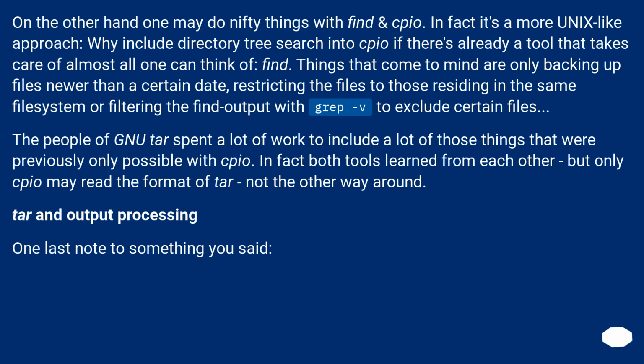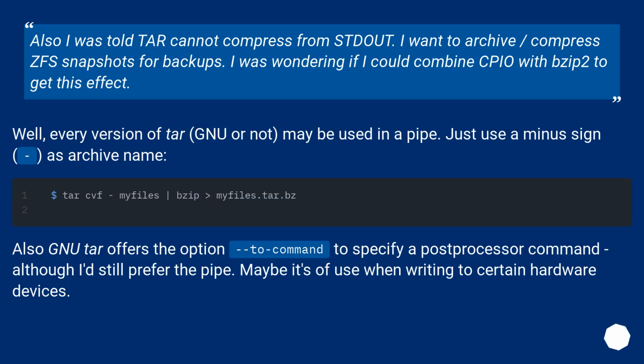Tar and output processing. One last note to something you said. Also, I was told tar cannot compress from stdout. I want to archive, compress ZFS snapshots for backups. I was wondering if I could combine CPIO with bzip2 to get this effect.